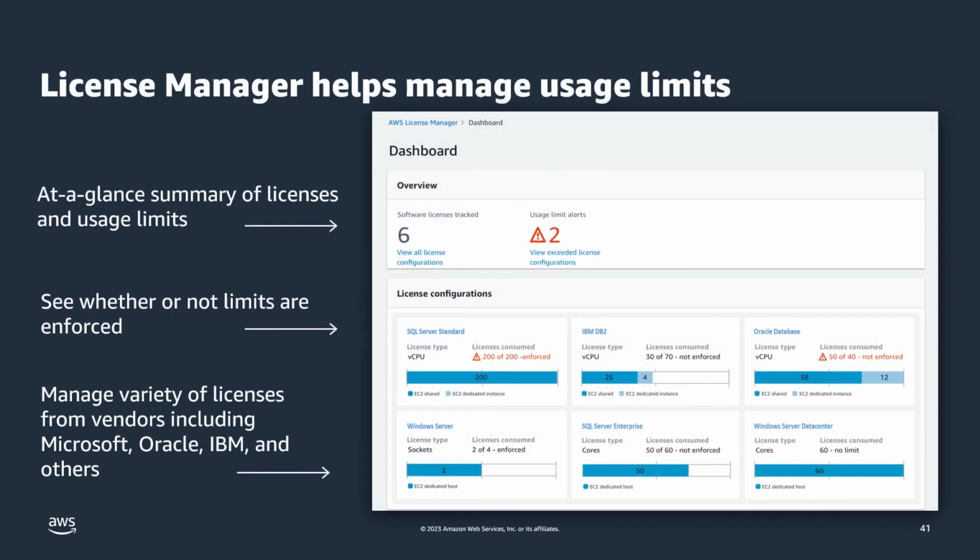On this slide, you can see where limits are enforced. You can see, under one pane of glass, the customer is managing licenses from different vendors, including Oracle, IBM, and Microsoft. So definitely a valuable product. Highly encouraged for any customer bringing licenses to AWS, especially those using dedicated hosts, which can have a little bit more management overhead.